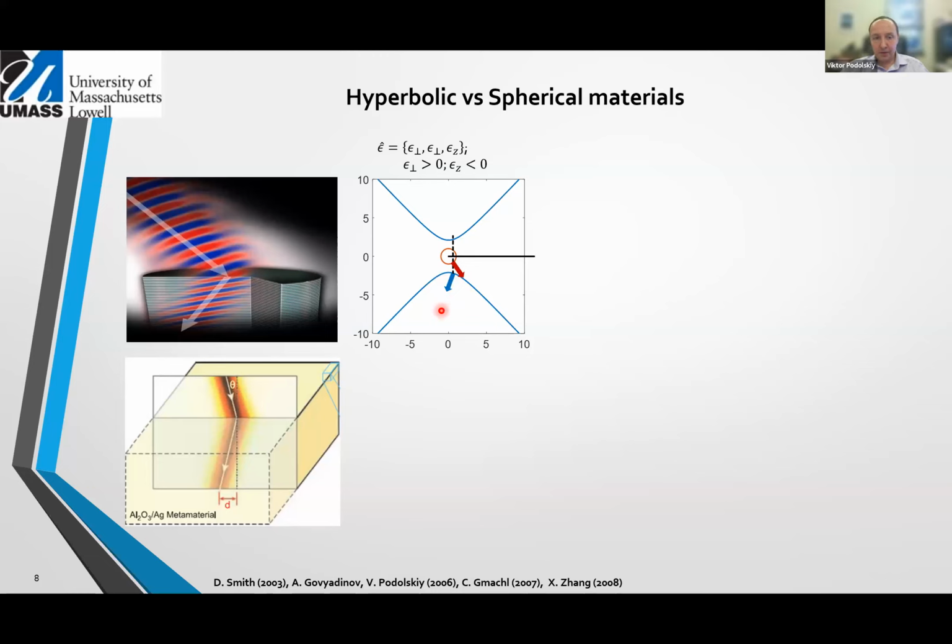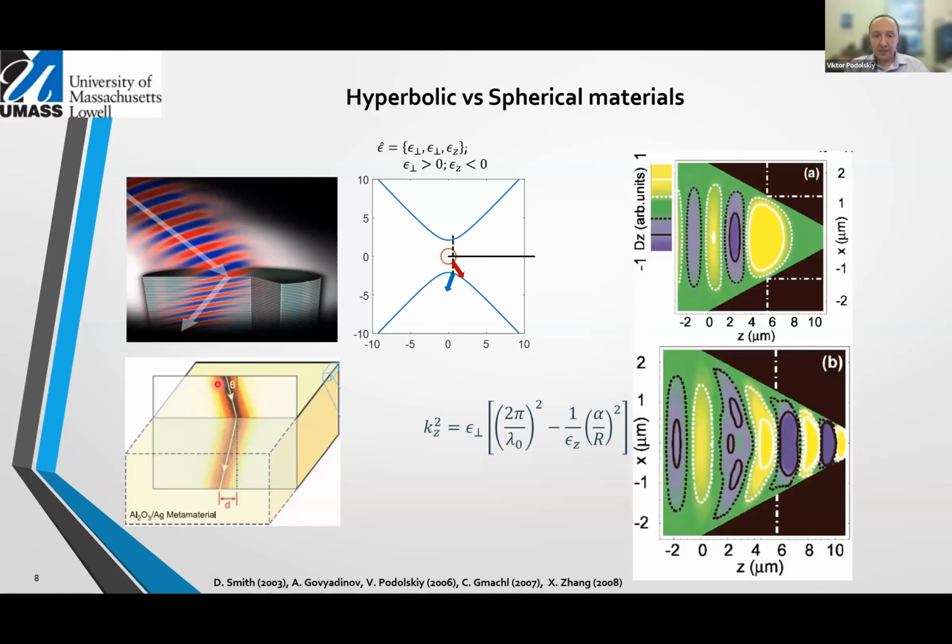So this negative refraction has been demonstrated in experiments in both the infrared part of the spectrum and the visible part of the spectrum. But more interestingly than that is the fact that this wide hyperbola essentially manages to postpone the onset of the diffraction limit.